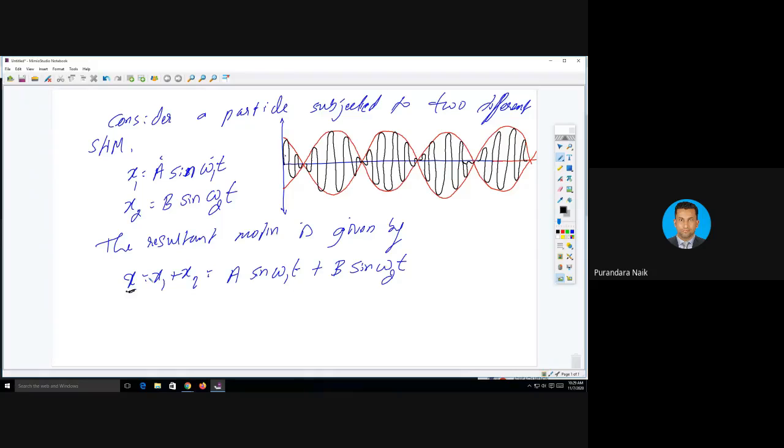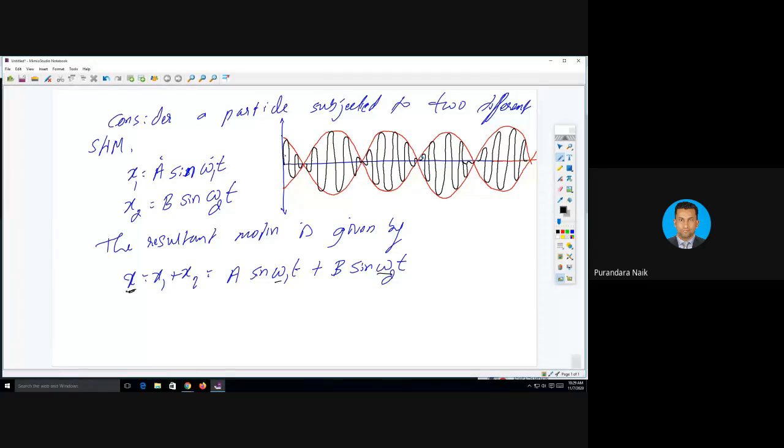So this is the beat principle, and each loop is called a single beat. The sound will be like this. If you have an instrument and you play it with two SHM of different frequency, omega 1 and omega 2, then the sound will initially be maximum and go down, increase to maximum, down, maximum, minimum, maximum, like that.